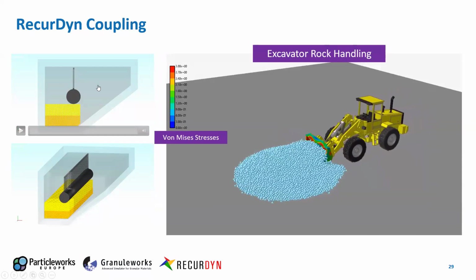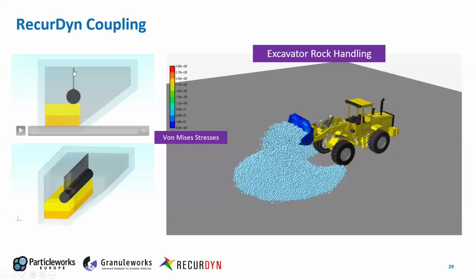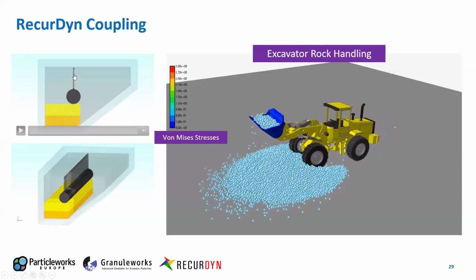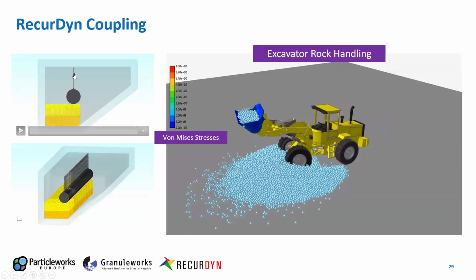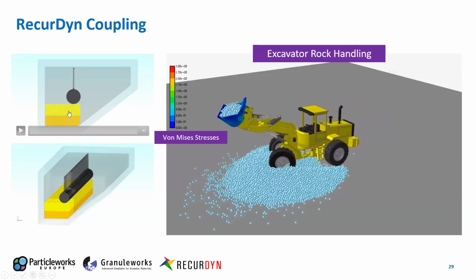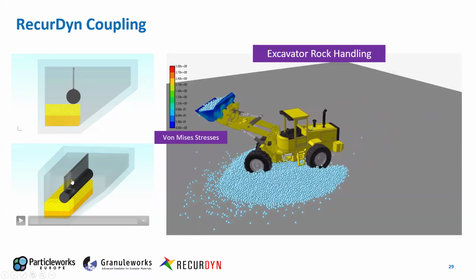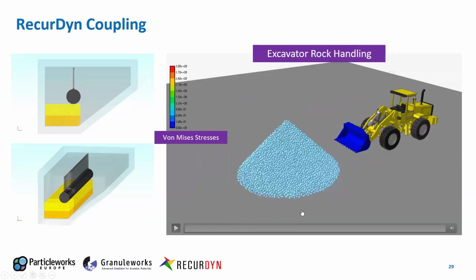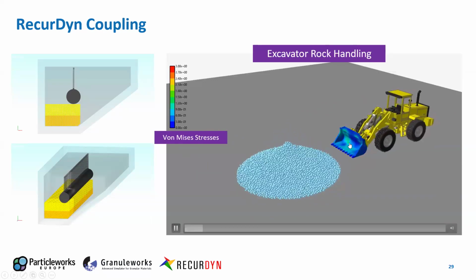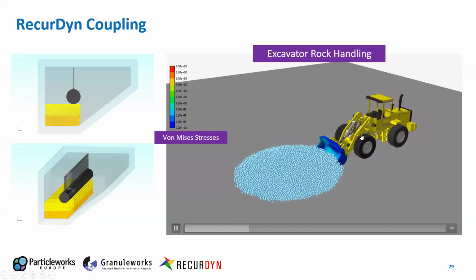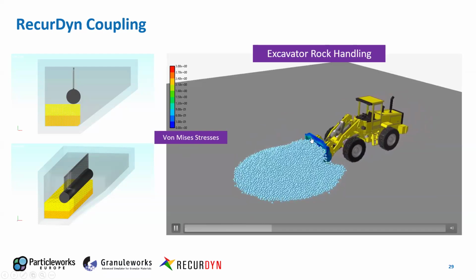But the idea is that this spatula, this system, is actually flexible, so you cannot see it now, but this element can bend significantly due to the interaction with the powder. On the right, we have von Mises stresses computed directly on the very complex motion described by RecurDyn.